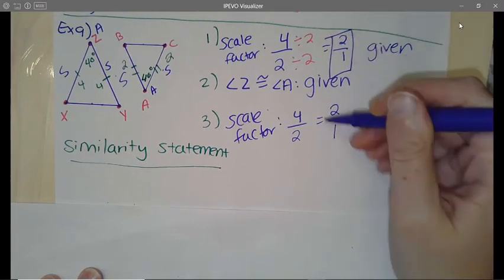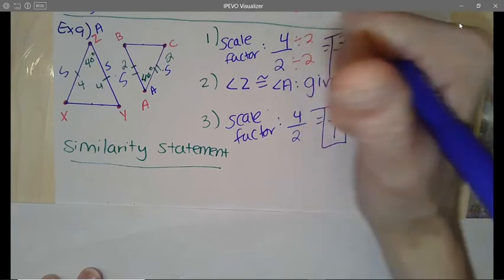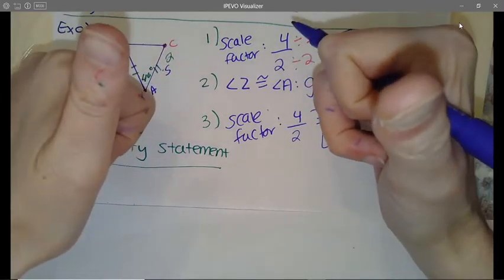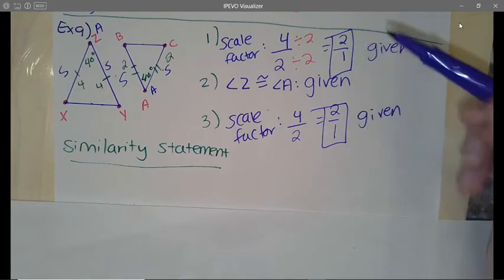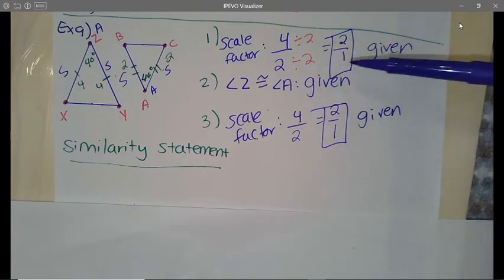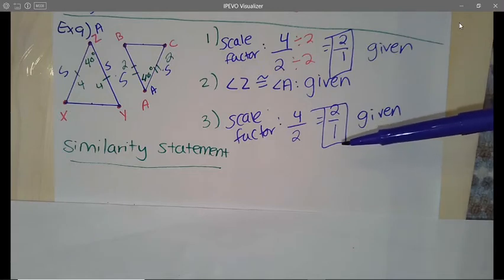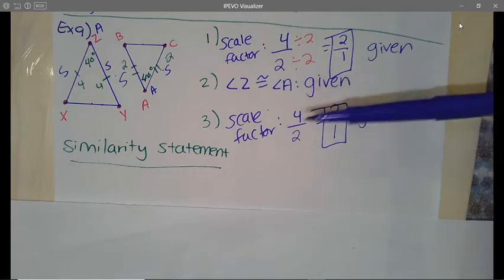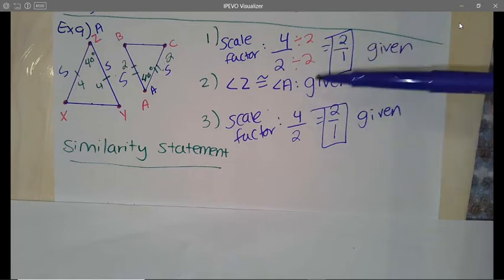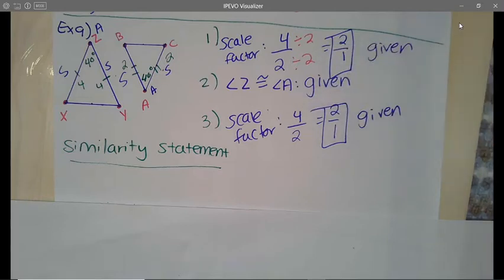So guess what, you guys? Our scale factors are the same. Yes! I'm going to give it 2 thumbs up because that's exciting. And this was also given to me. So since I was able to show that 2 sides were proportionate and the angle in between them was congruent, the 2 triangles are similar by SAS similarity. Oh man, let's go.